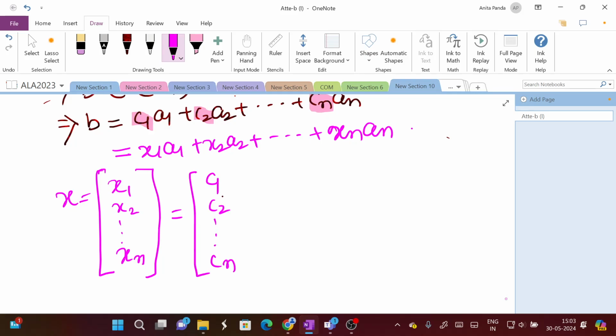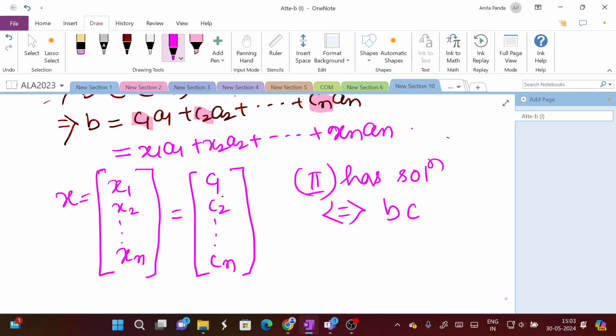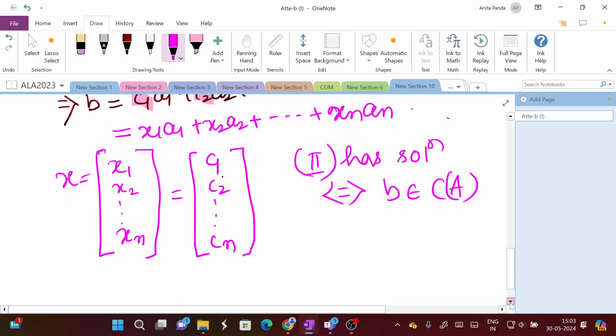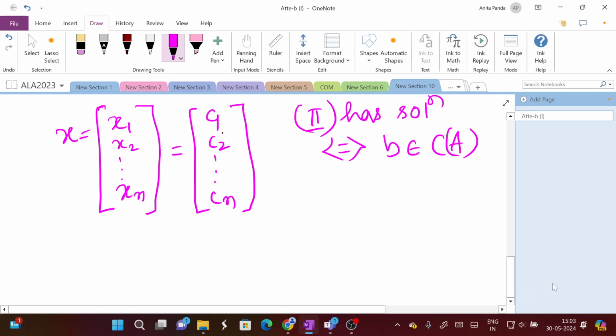So the system of equations has a solution if and only if b belongs to the column space of A. It is one of the significant properties of any system of equations. It has a solution only when the RHS vector is a linear combination of columns of A.